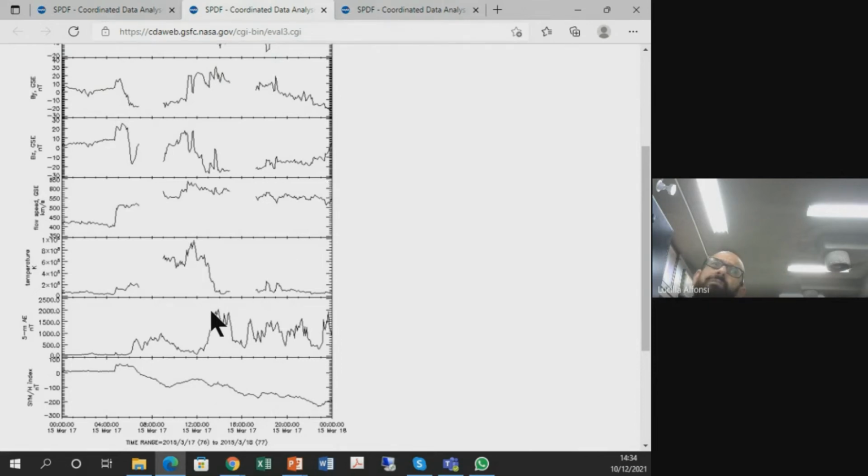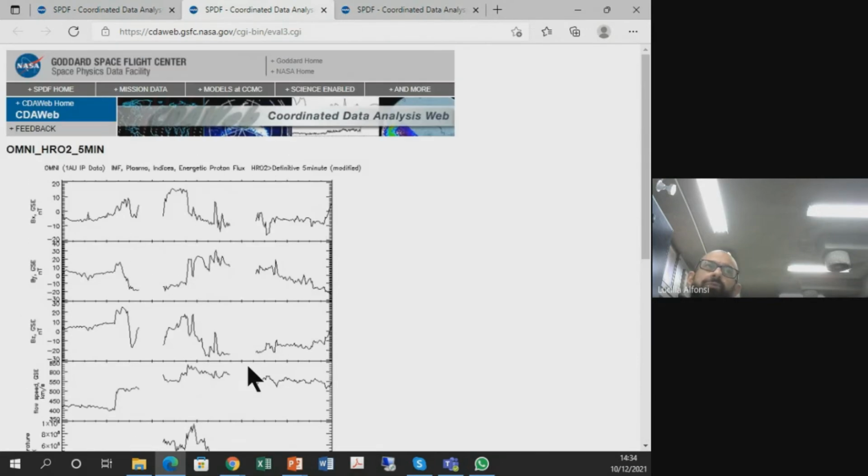For sure, if you are able to analyze data by yourself, you can download the data and plot the data however you want, in order to match your needs.